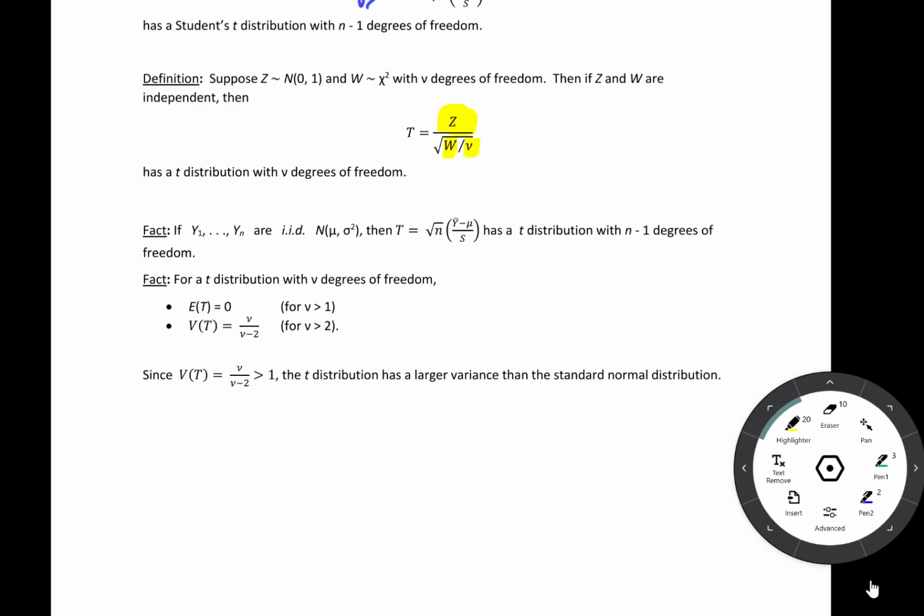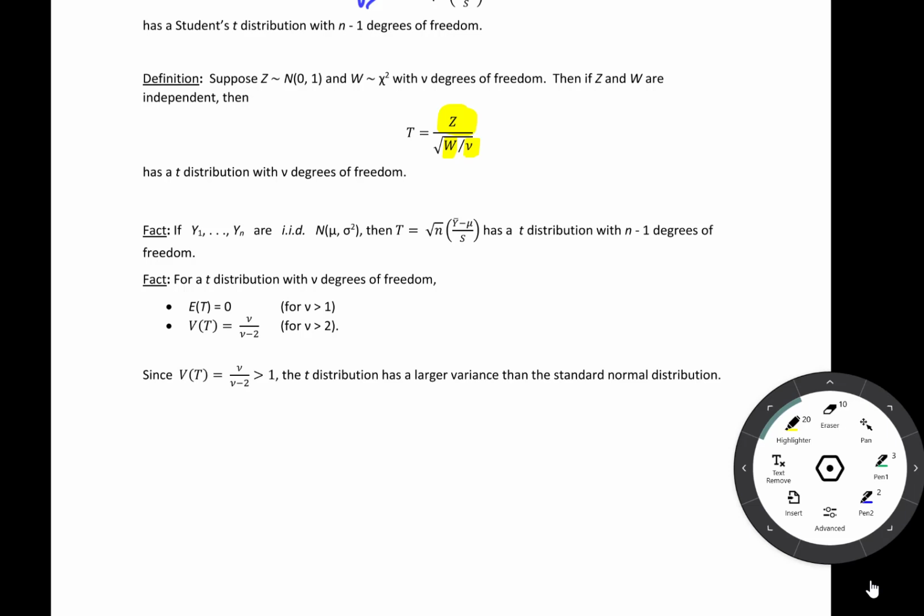And so here's a fact: if y1 through yn are IID normal mu sigma squared, then if t is equal to the square root of n times y bar minus mu divided by s, that's going to have a t distribution with n-1 degrees of freedom. In BST 676, we would actually prove this, but for this class, I'm just giving you this relationship.